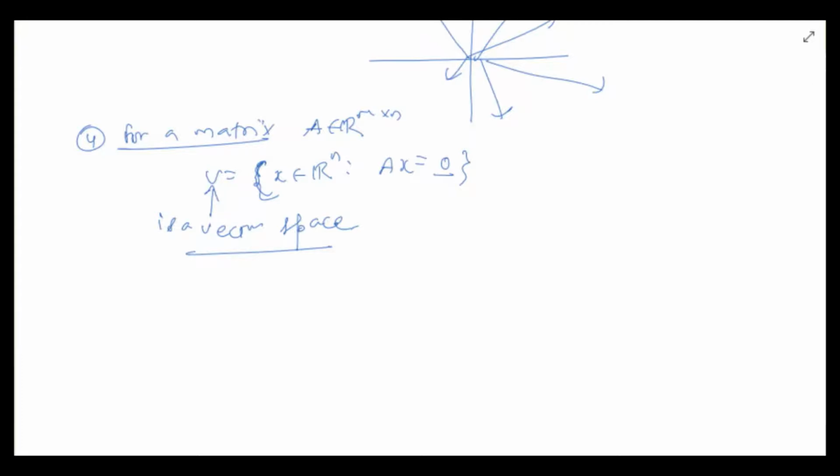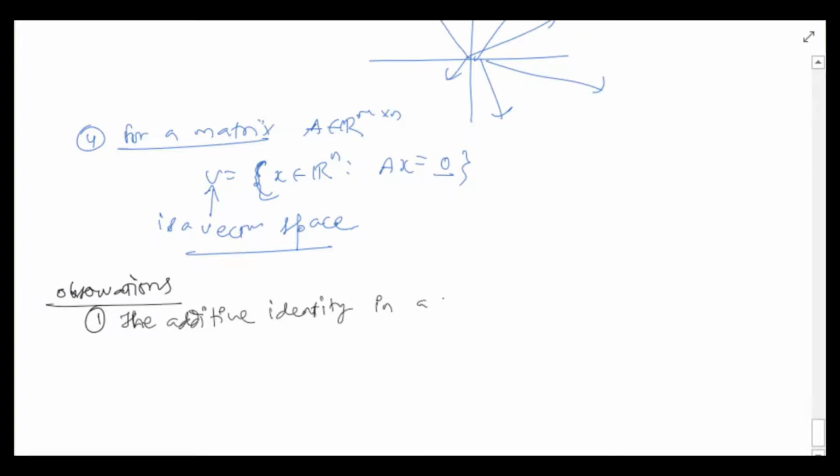Having seen these examples, let us make a few observations about the vector spaces. This could also be seen as properties of vector spaces. Observations. First observation is the additive identity in a vector space is unique.